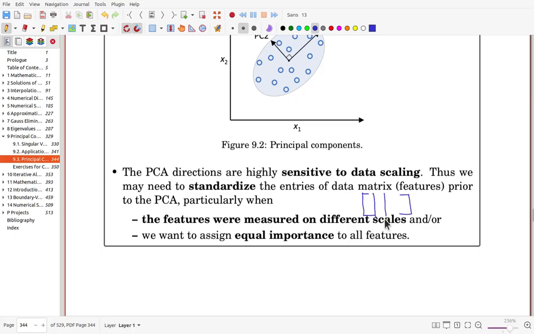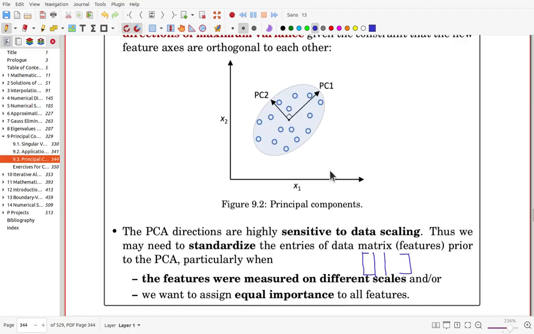Then in this case, it's not easy to achieve equal importance for all features. The feature having large values will be considered more important, so you may have to scale so that they are on the same scale or very meaningful scales.